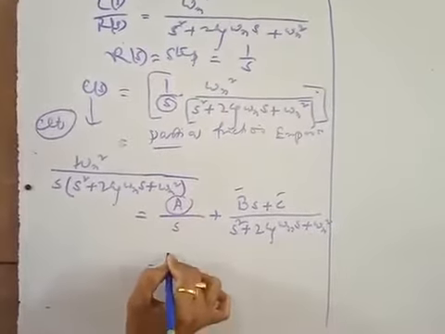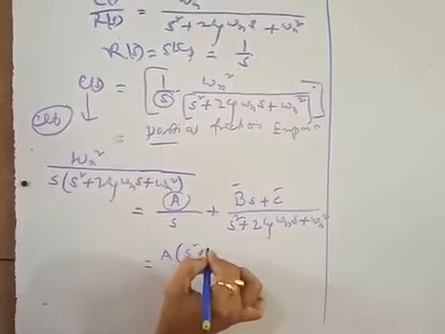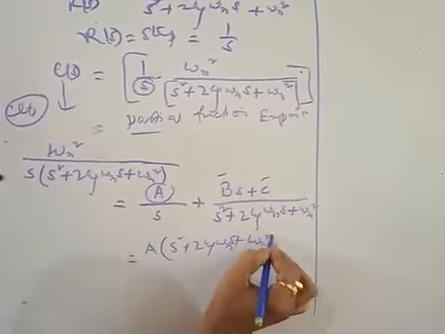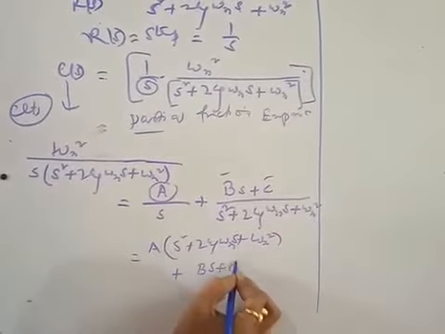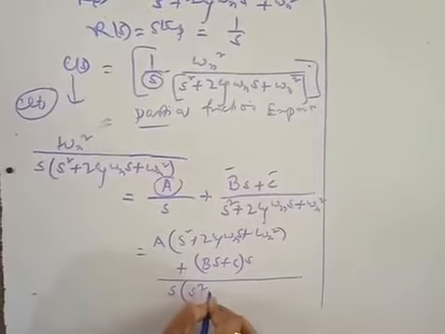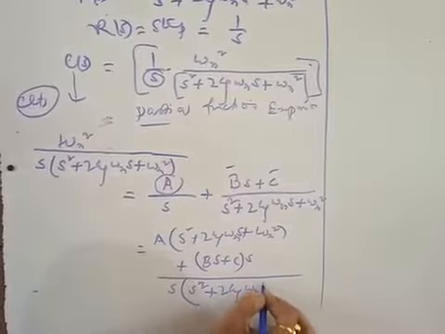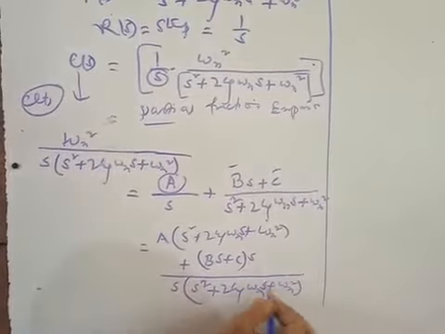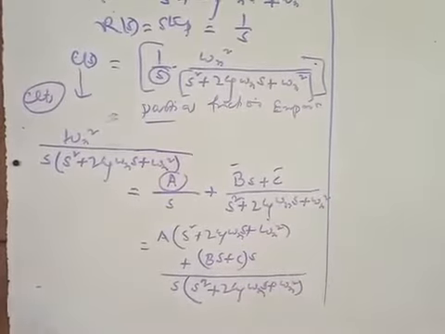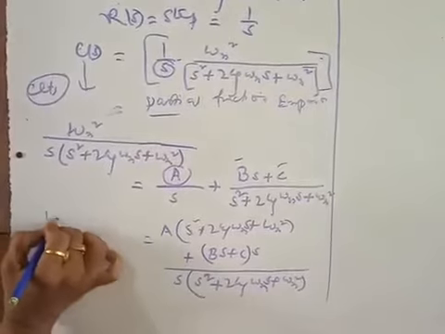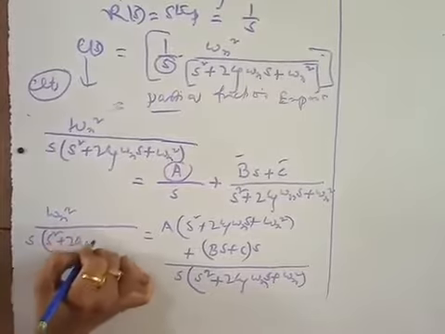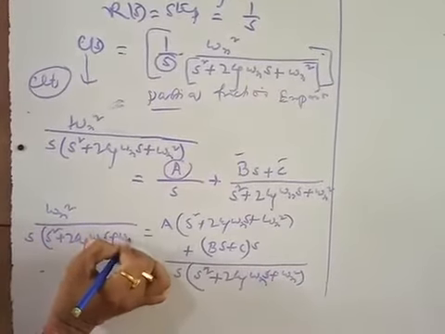This can be written like A into s square plus 2 xi omega n s plus omega n square plus Bs plus C into s, whole divided by s into s square plus 2 xi omega n s plus omega n square. That is the term in the right hand side, right? On the left hand side we have the same term, omega n square by s into s square plus 2 xi omega n s plus omega n square.